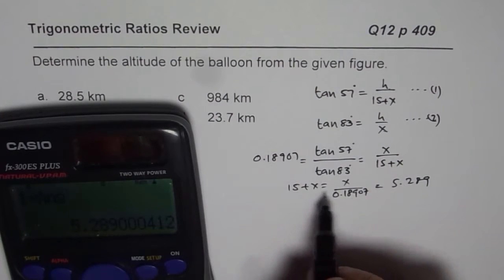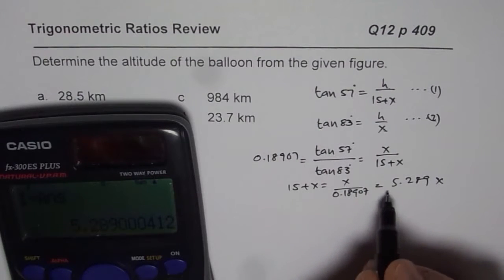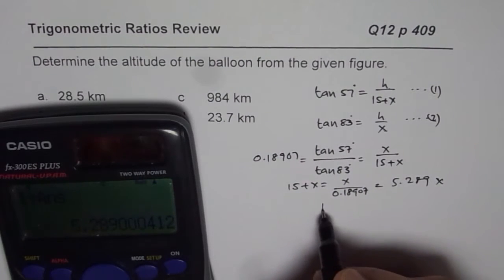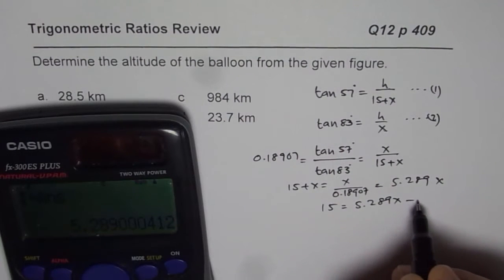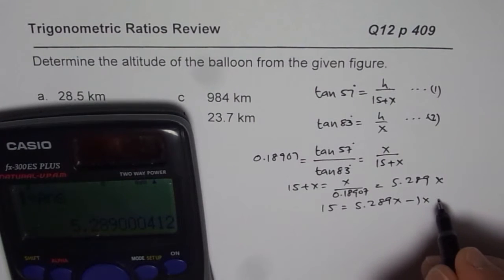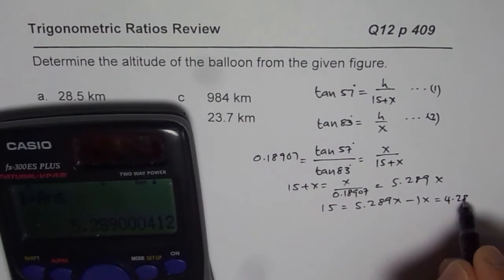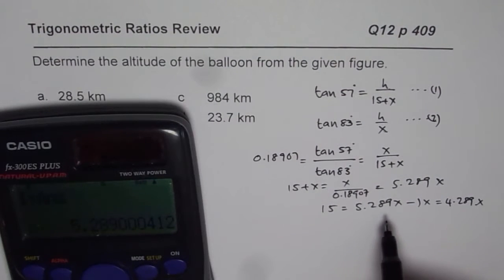Okay, so those many x, do you see that? X divided by that number. So we can take x on this side, so we get 15 equals 5.289x minus 1x, okay, which is 4.289x, right?